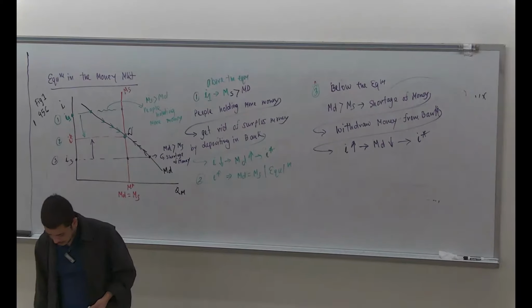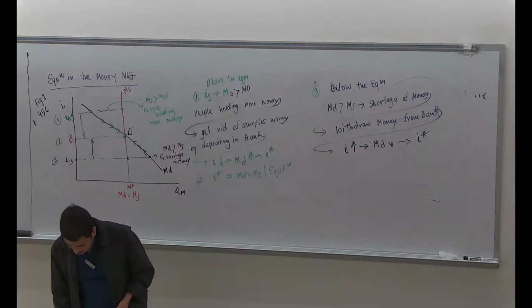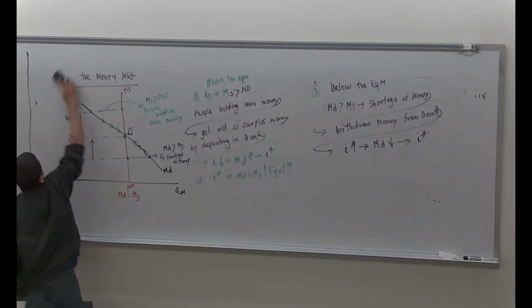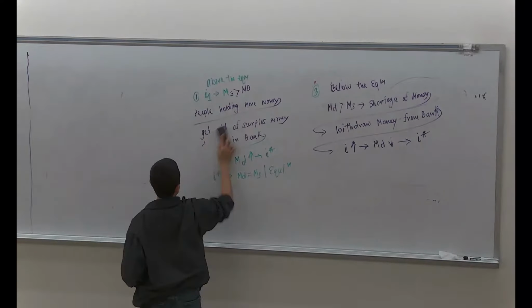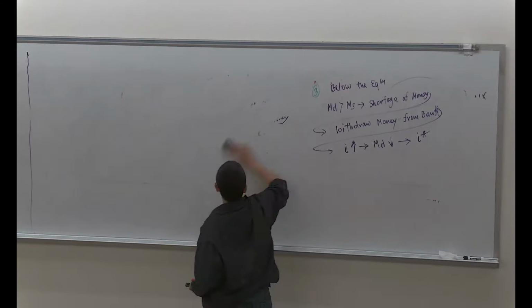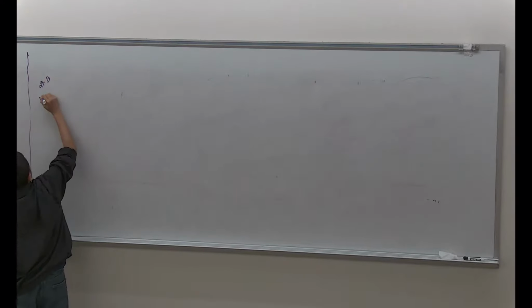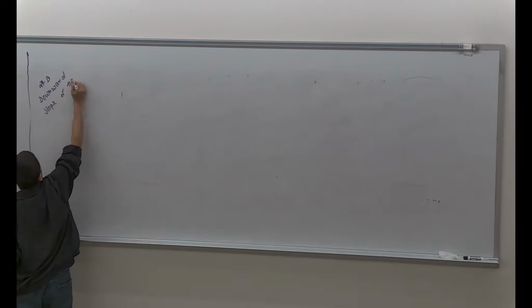Now I will explain the downward slope of the AD curve.